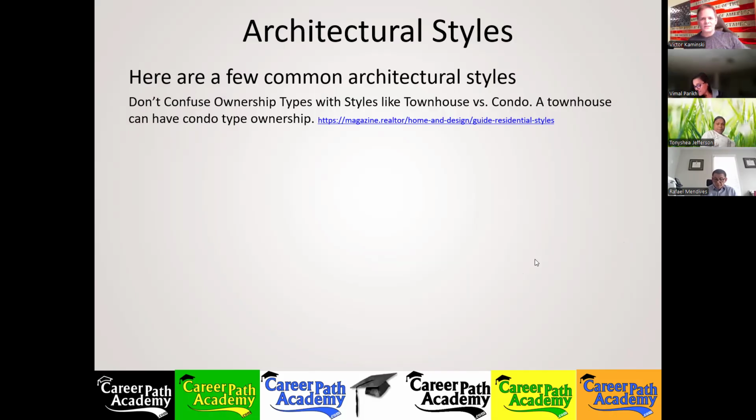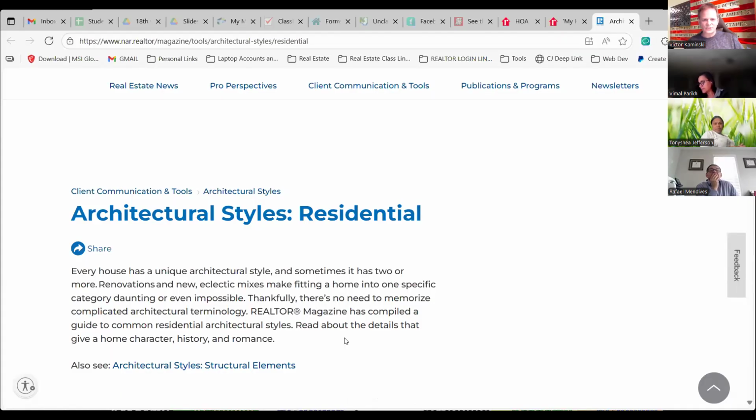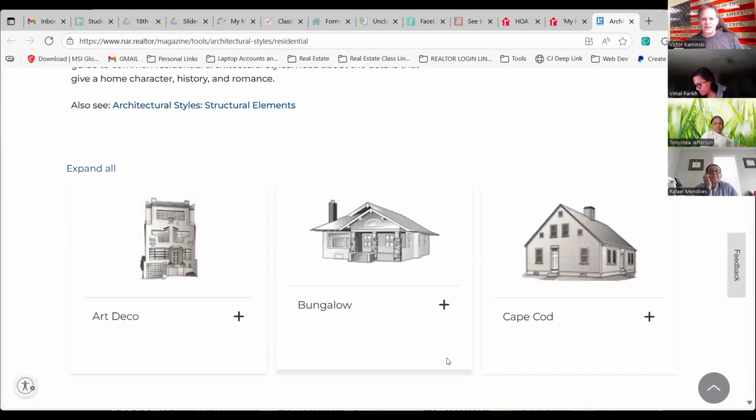Okay. So here's an architectural style guide. I'm actually in the process of working on a better one with actual photos, but here's an architectural style guide from Realtor Magazine. If I were to click on it, this is Realtor Magazine for the National Association of Realtors. They have an architectural style guide.